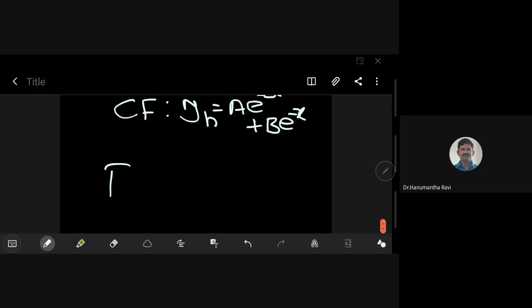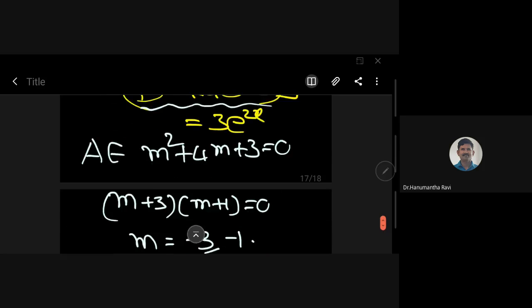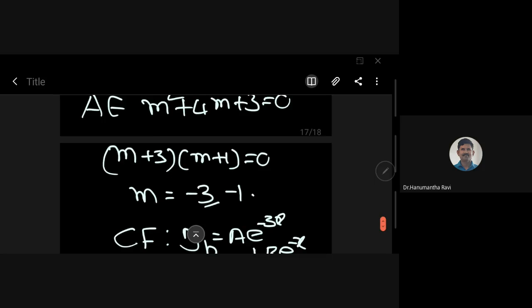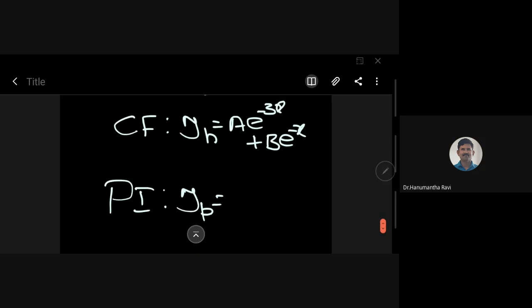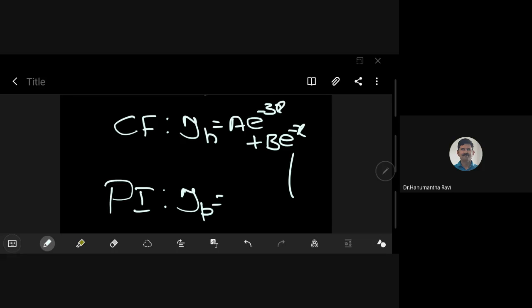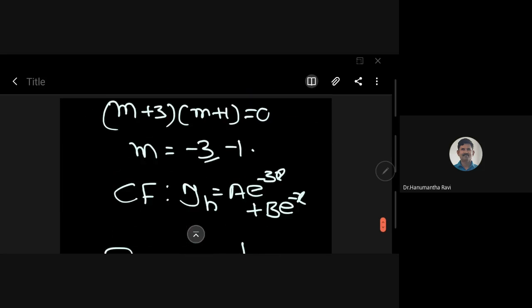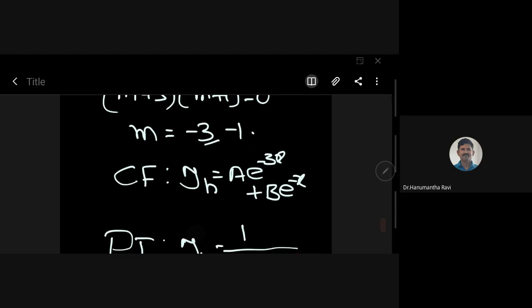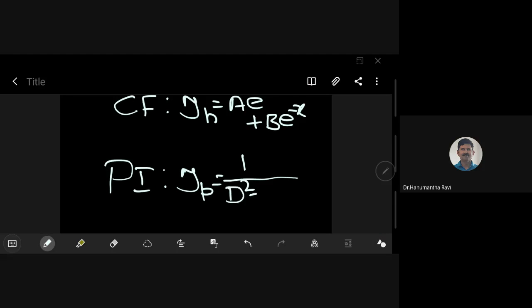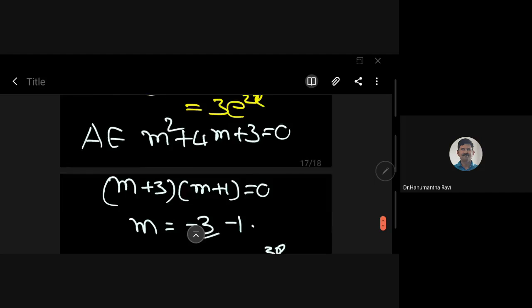The particular integral here, yp, one can directly write like this: 1 by D square plus 4D plus 3 acting on 3e power 2x.